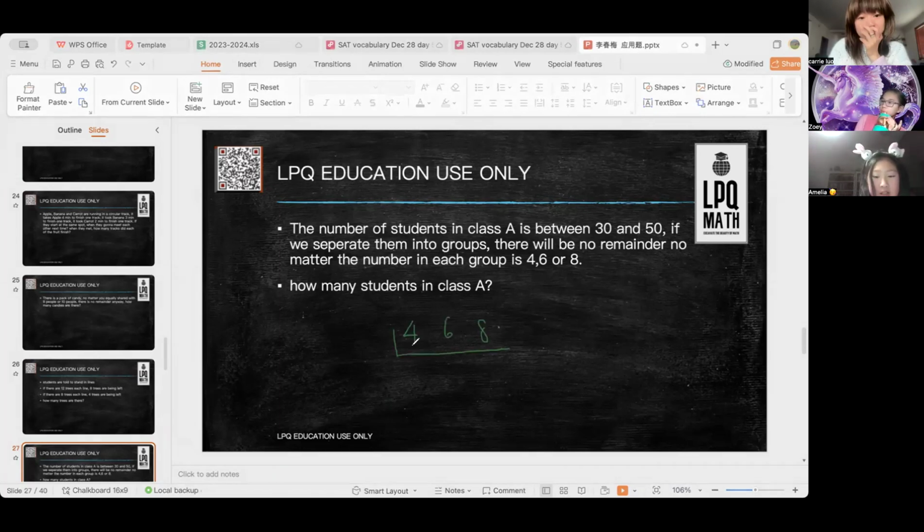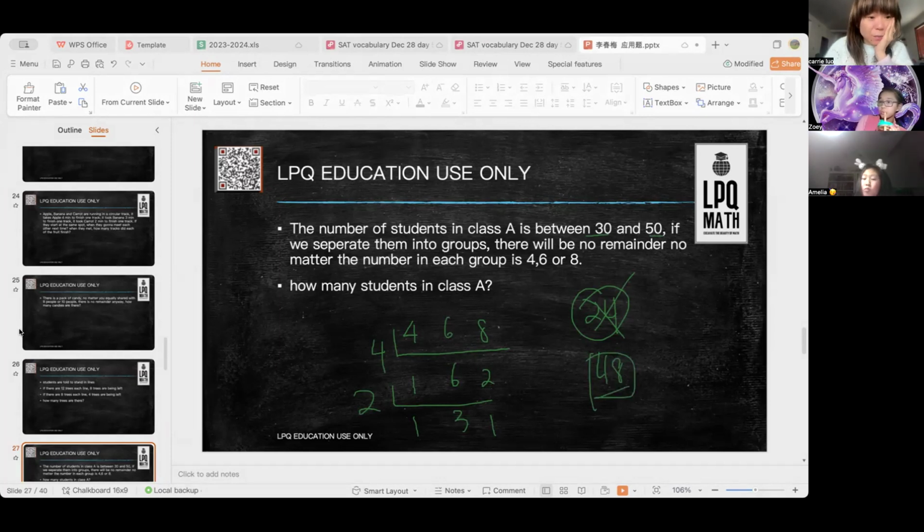So what is the lowest common multiple? It's 24. 24 is not between 30 and 50, so it's not right. So what is the next one? 48. So there are 48 students in this class. Wow, a lot, right?